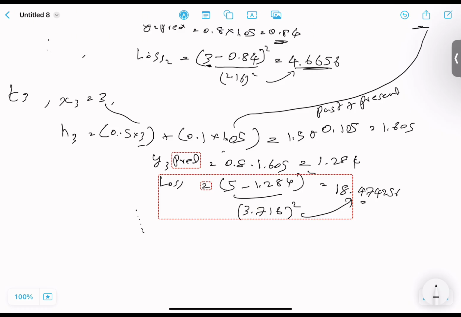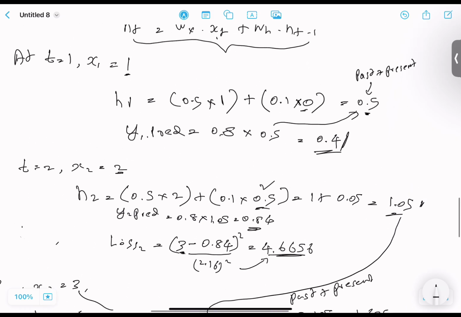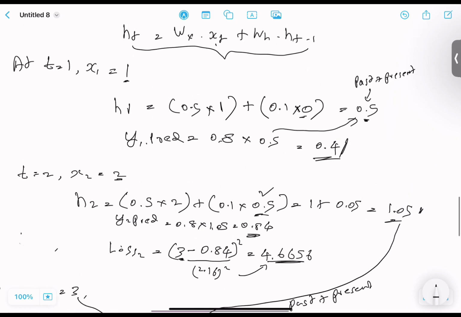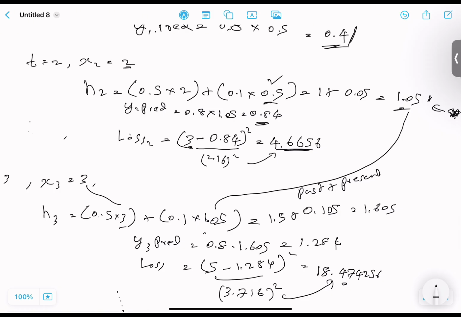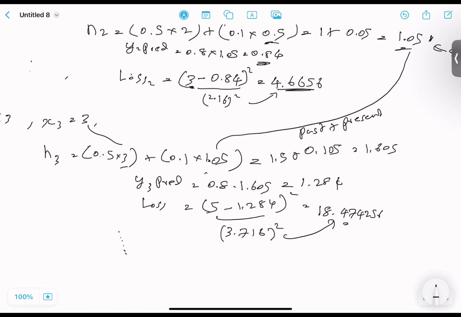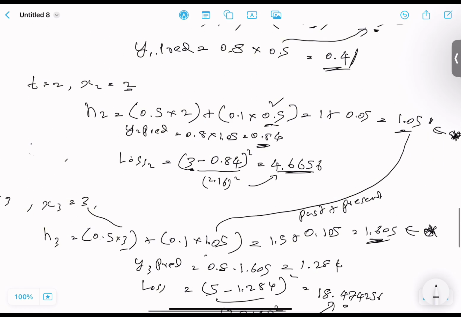As you can see in my calculation, at different stages the hidden state had different values, right? 0.5, 1.05, and 1.605.